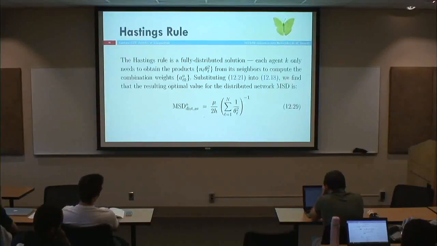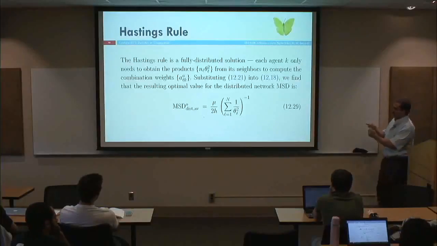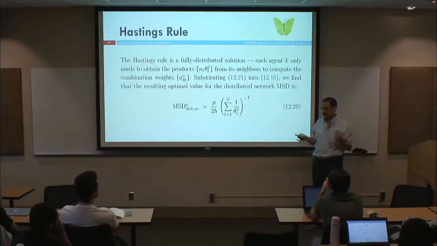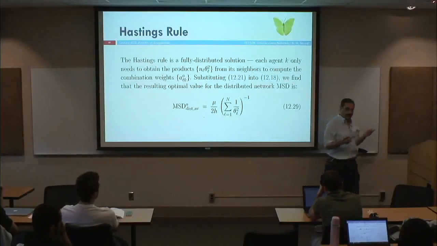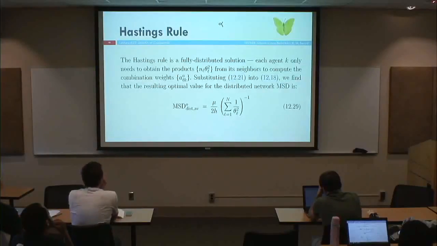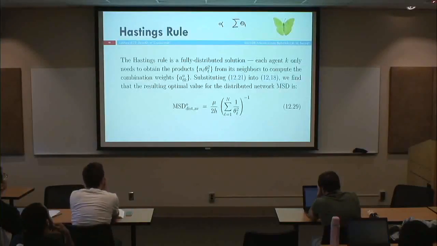So now the interesting thing: if you take those optimal p_k's that I derived for you, and plug them into the MSD expression, right? Because remember, what was the MSD expression? It was proportional to the sum of theta_k squared times p_k squared, right?